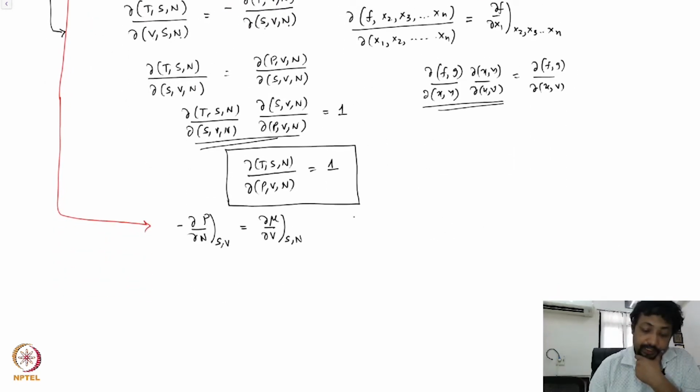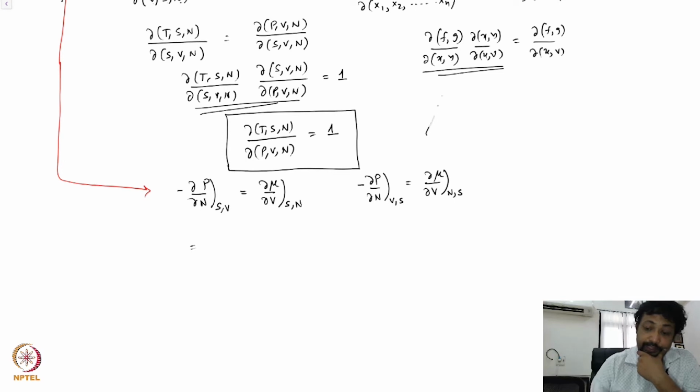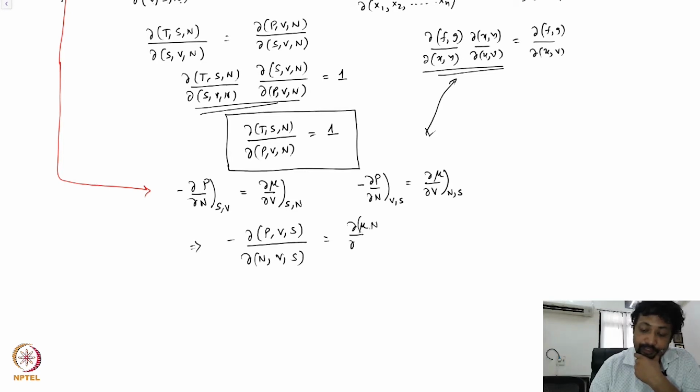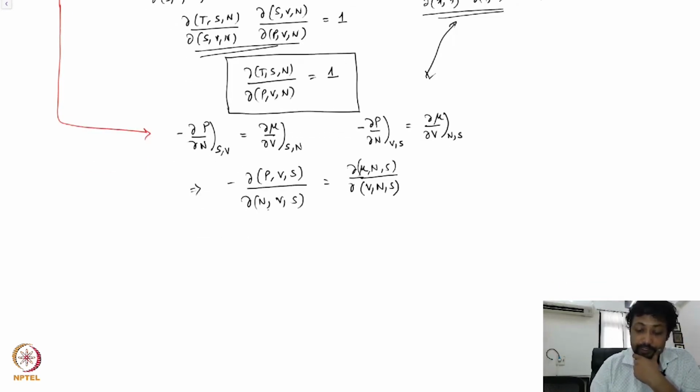For the ease of it, I will simply write this as minus del P del N. Since S is constant on both sides, I will simply write it as del mu del V, N comma S. And using this relation again, if I borrow it, then this implies minus del of P V S, del of N V S is equal to del mu of V comma N comma S, del of V comma N comma S. Again, if I interchange N and V, I will absorb the minus sign here and I can write this as P V S del of V N S is equal to del of mu N S, del of V N S.